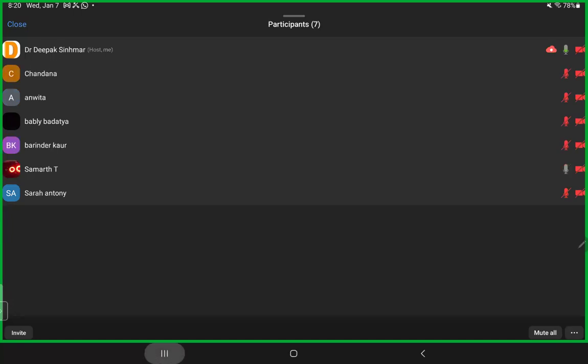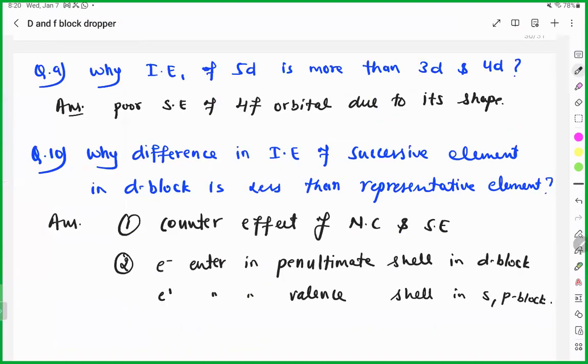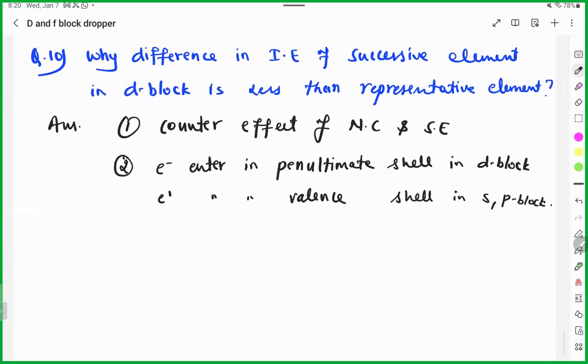Sir, can we do some ordered questions also, like the exact order of all of them? Because in many questions they give only a few elements, not all of them. Then they ask which one is the highest and give its magnetic moment and so on.